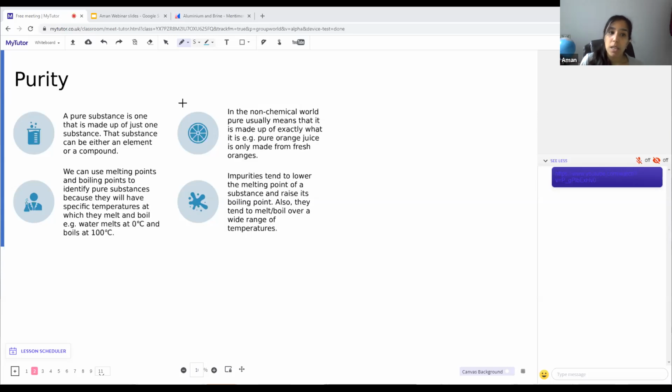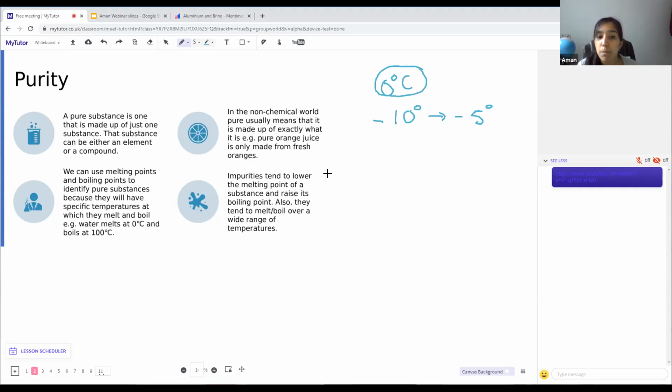So for example, if we have our pure water that melts at 0 degrees C, and then we have something mixed in with that water, let's say another compound that dissolves in that solution, it's more likely to melt at something like -10 degrees, but it will melt over a range, for example -10 to -5 degrees. Whereas pure water will melt at exactly one specific temperature.